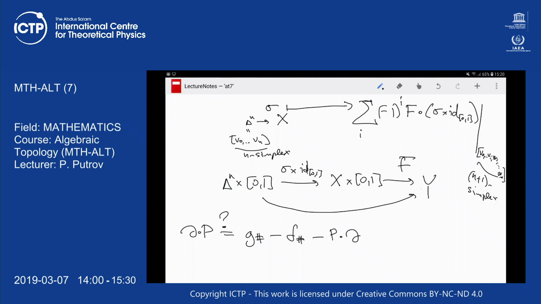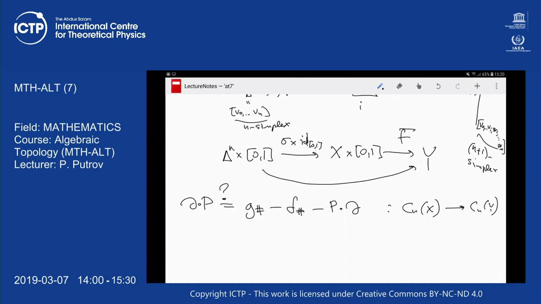So we want to show this property. This property is a relation on the homomorphisms from Cn of x to Cn. We want to show this. It's usual to just show it on an arbitrary generator.